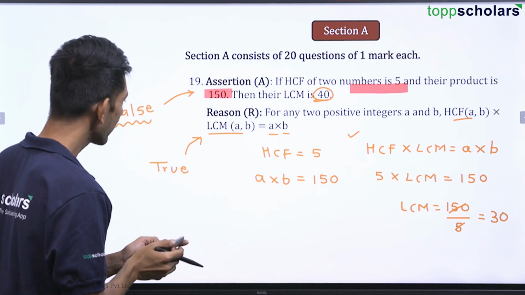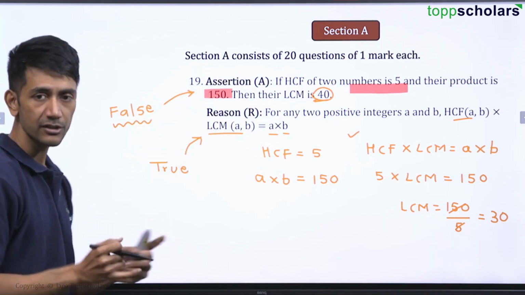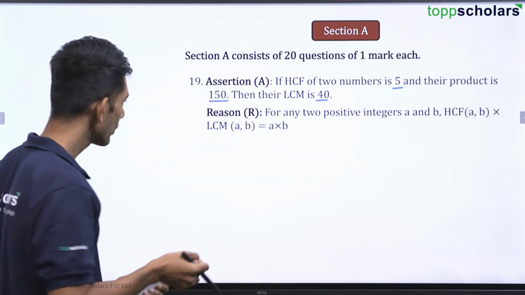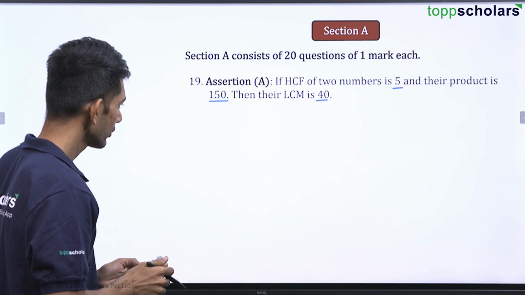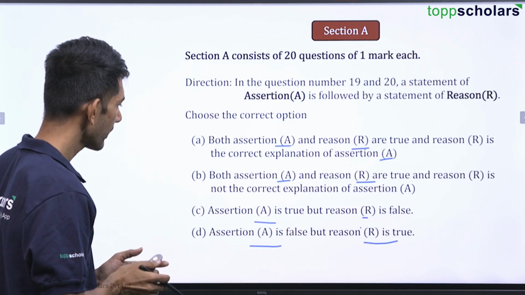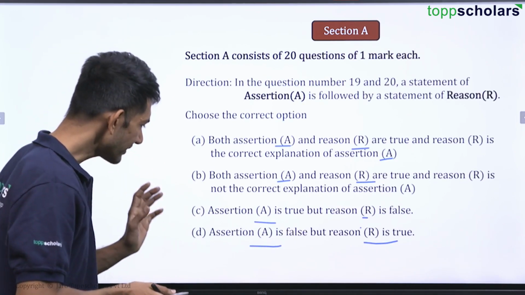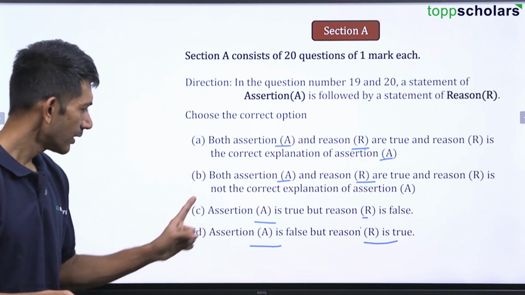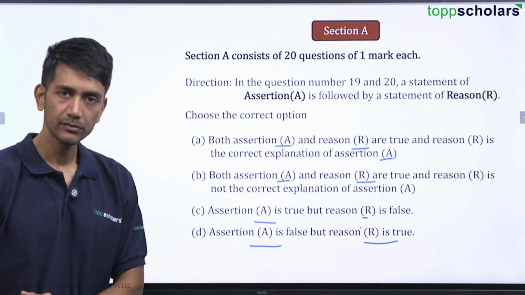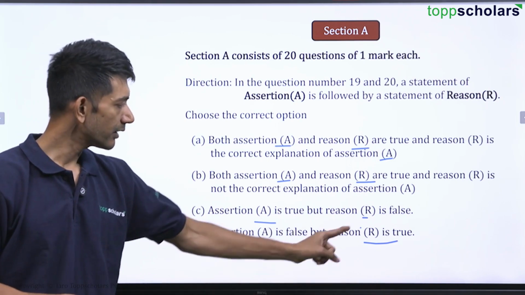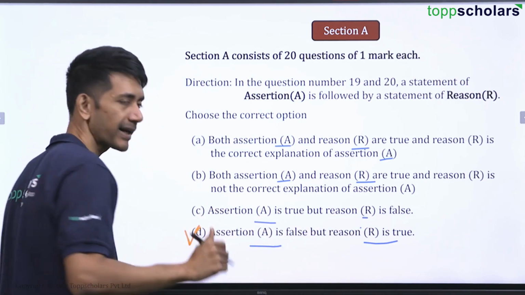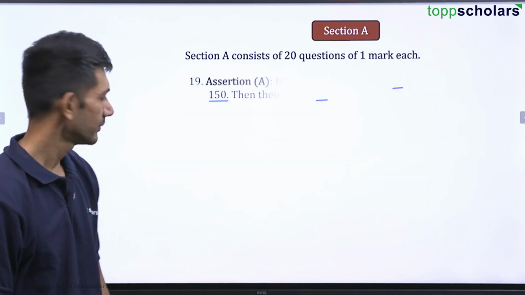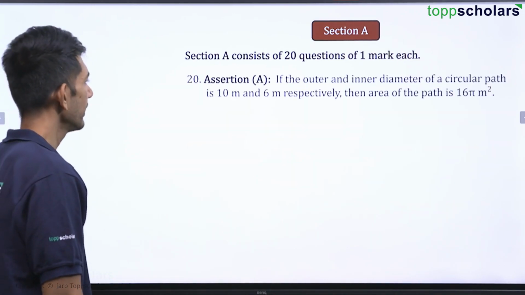So if I go back, I can see that the assertion is false and the reason is true. Let me see the options now. Can I say option D? Assertion is false, reason is true. So option D is the correct option. Clear? Perfect. Let's have a look at a new question now.